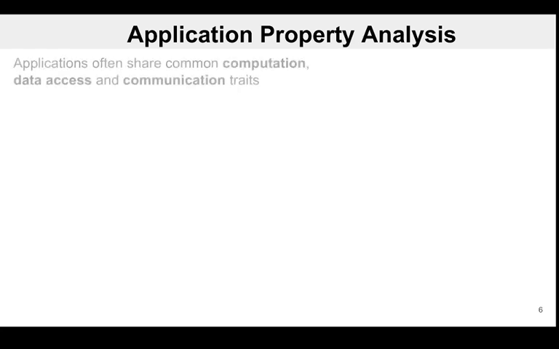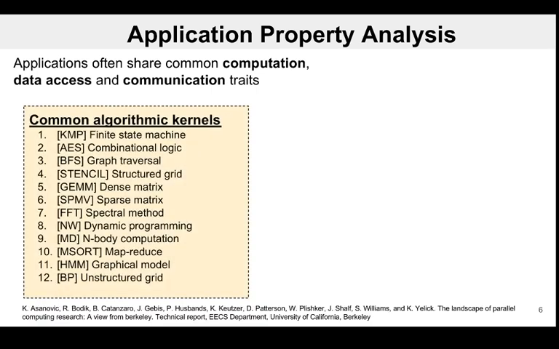To study important properties of application, we adopted previous work where they noted applications share common computation and data access and communication threads. The list on the left shows common algorithmic kernels.